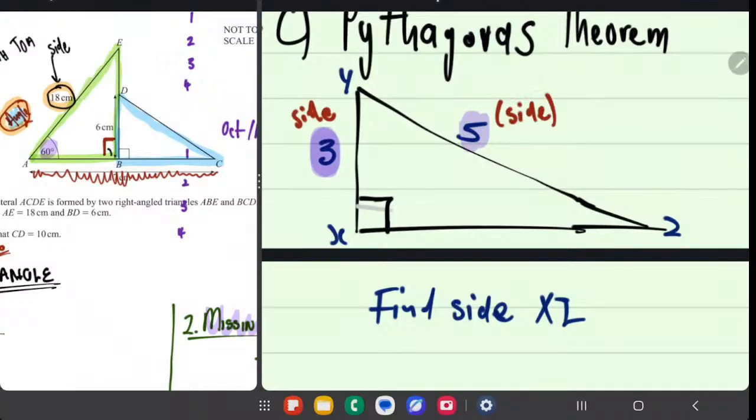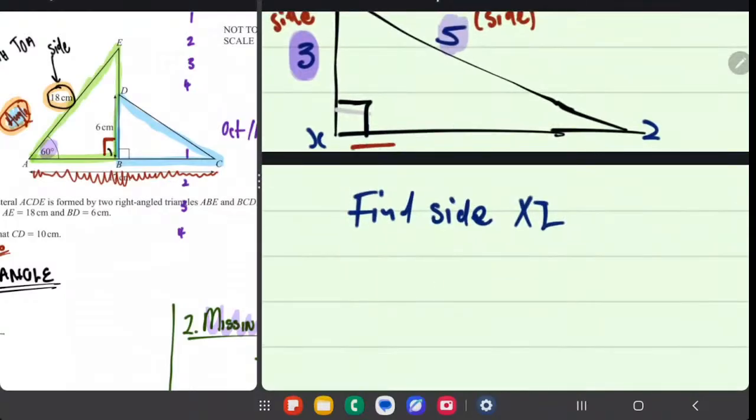And then they are asking for XZ. What is XZ? Is it an angle or a side? It's a side. So is there anything to do with angle in this one? So we cannot use SOHCAHTOA. What do we use? Pythagoras. Right? Pythagoras theorem, when you are given sides.